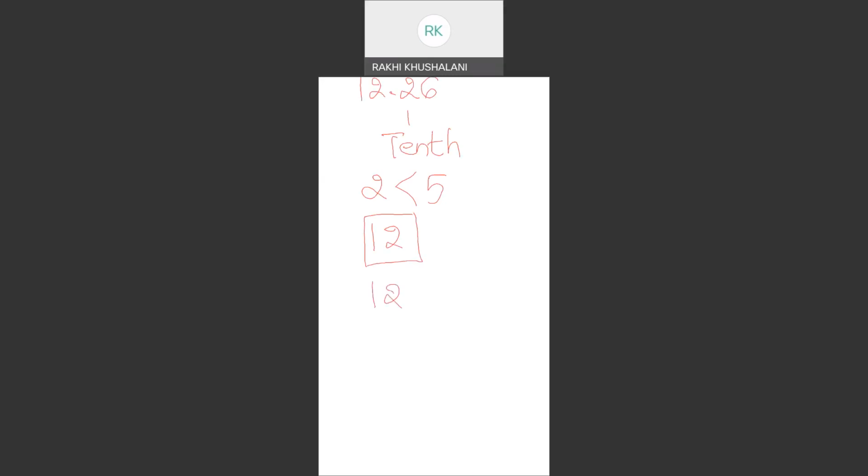Let's look at 12.56. Look at the 10th value. It is equal to 5. 5 is equal to 5. So we go to 13. Okay, we go to 13. As simple as that. I hope this is very clear to you.